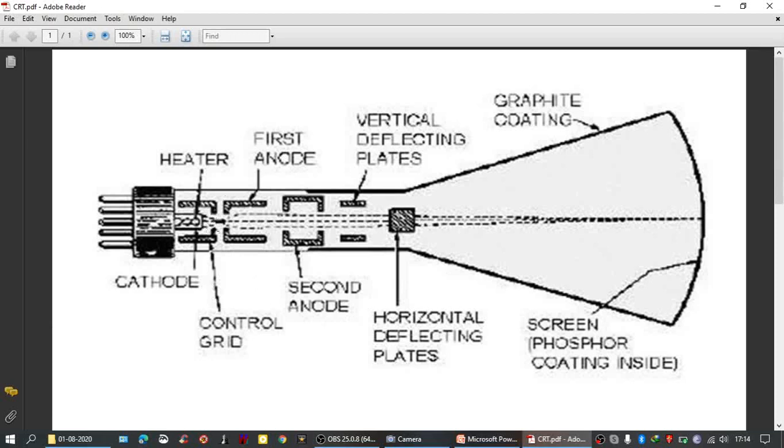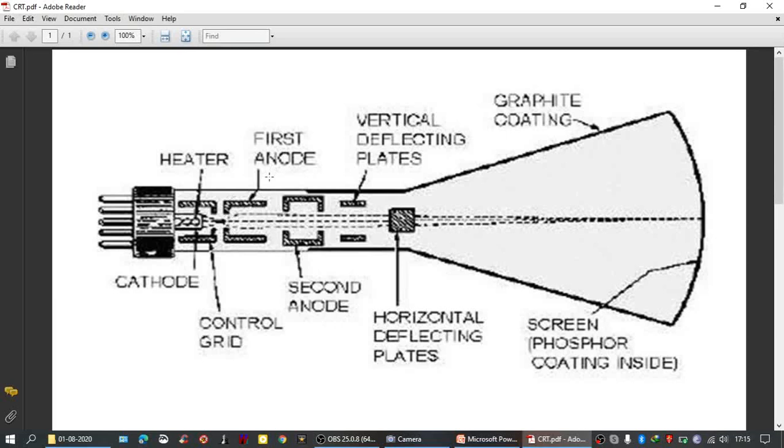This beam of electrons enters or passes through the first anode, which is also called as pre-accelerating anode.